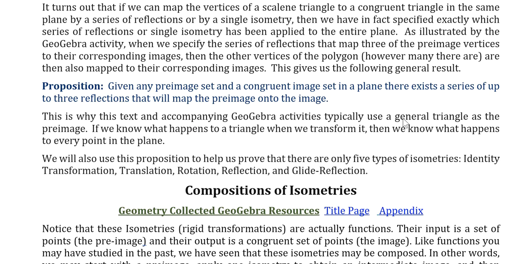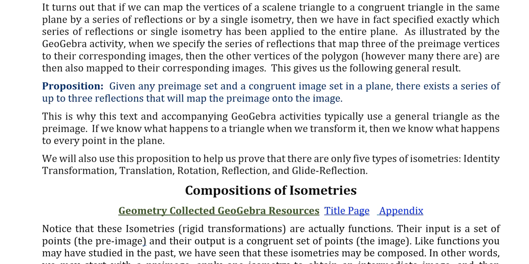We also saw that that worked for quadrilaterals, pentagons. It actually works for any polygons or any shape in general. So we came up with this proposition that for any pre-image set and a congruent image set in the plane, there exists a series of up to three reflections that will map the pre-image onto the image.